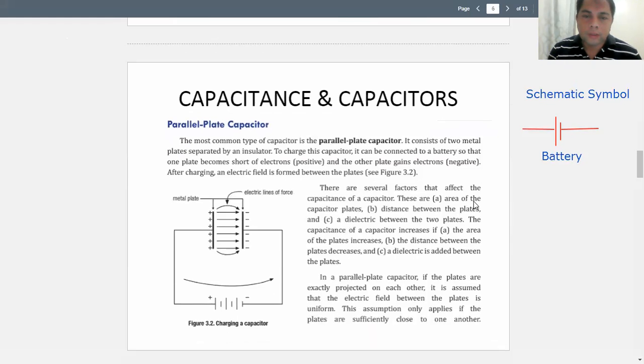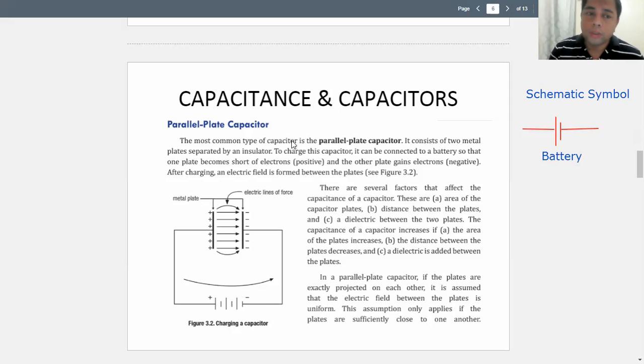Now, capacitance and capacitors. So we will deal with the parallel plate capacitor. We will not talk about the electrolytic capacitor that we just see. However, the functions of our modern day capacitors act the same way. And again, how relevant and how important are these capacitors?